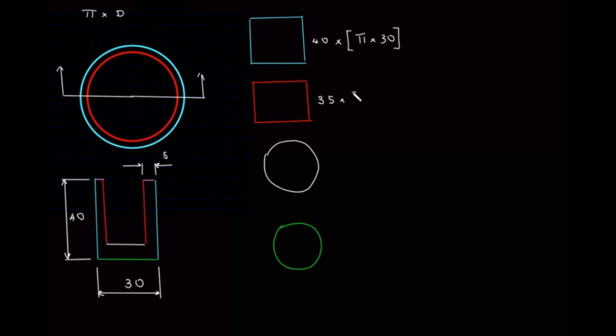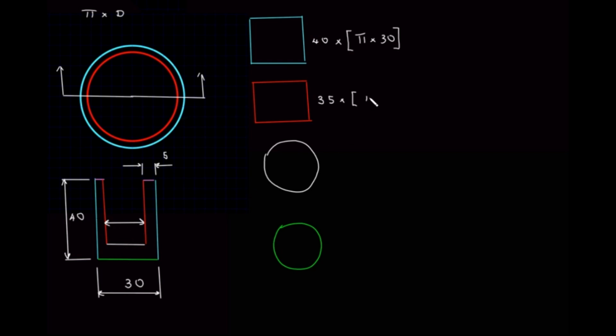Times, now again, we use pi times the diameter for the circumference. What is the diameter in here? 5, 5, 30 overall. 30 minus 5 minus 5 is 30 minus 10. So that distance there is 20.